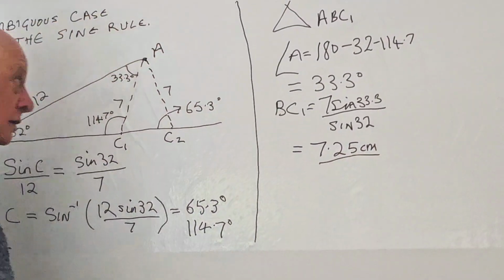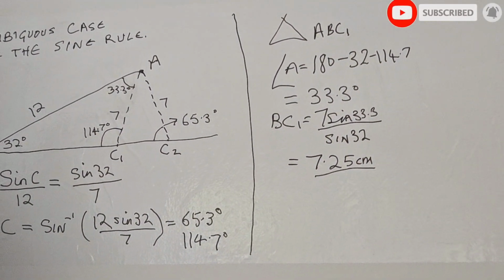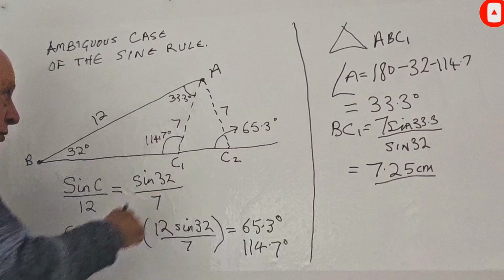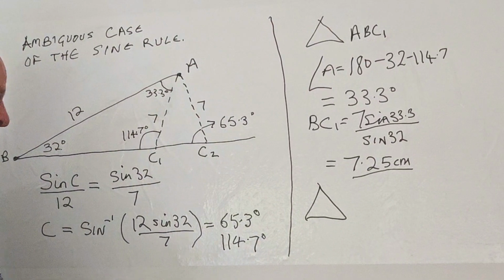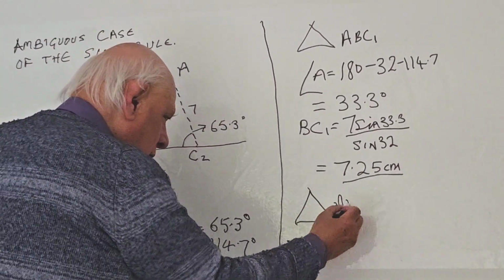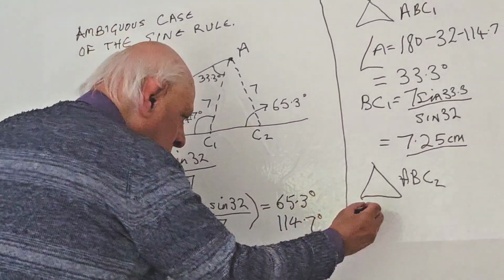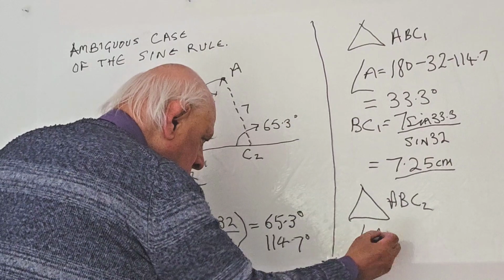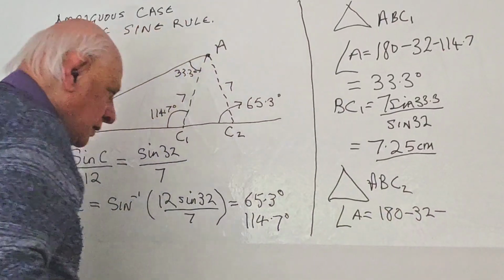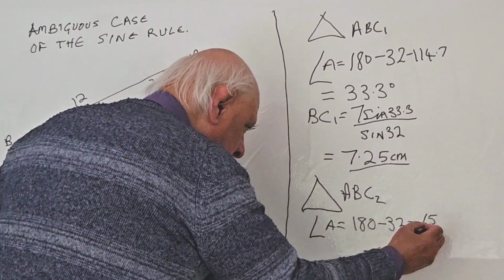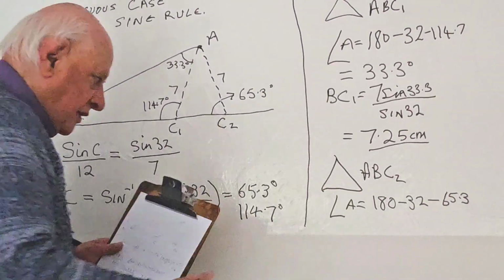And lastly, to get B to C2, we'll use the next triangle, triangle ABC2. And in this case, angle A is 180 minus 32 minus 65.3, which happens to come out to 82.7 degrees.